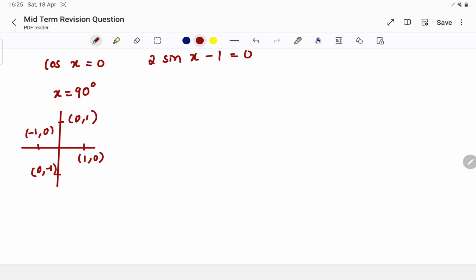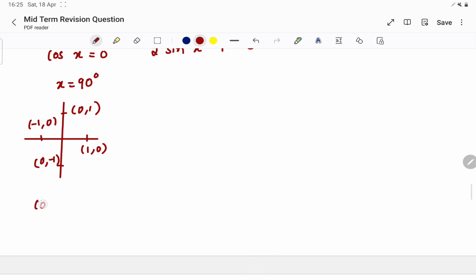Remember that the point is (cos x, sin x), so cos x is the x component. You just check where cos x equals 0, which is here and also here.